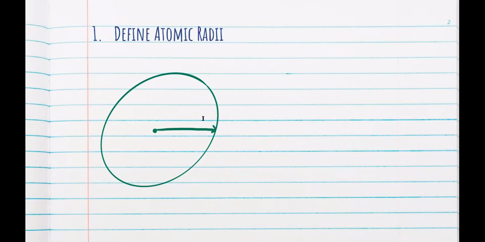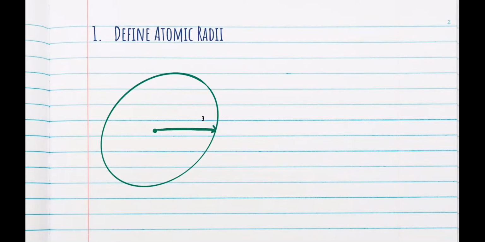Question number 1 asks us to define atomic radii. Well, just like in our geometry classes, we draw a quick circle. Our radius is from the center of the circle all the way to the furthest edge.